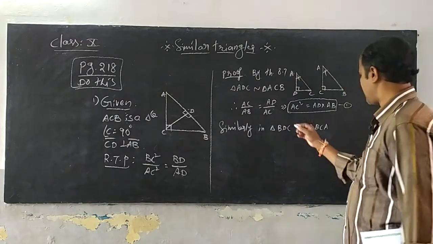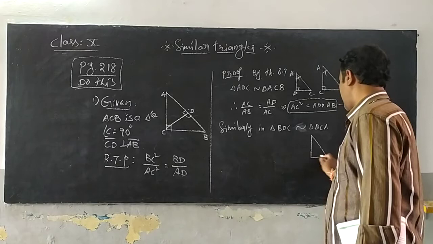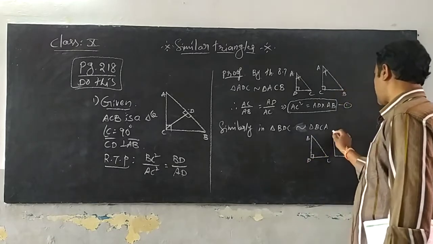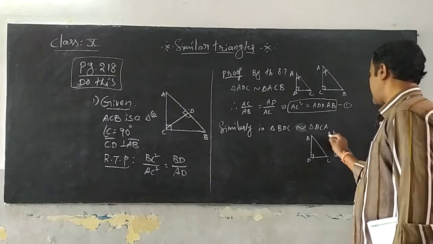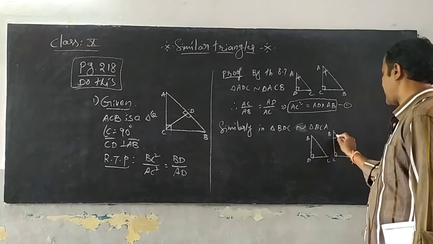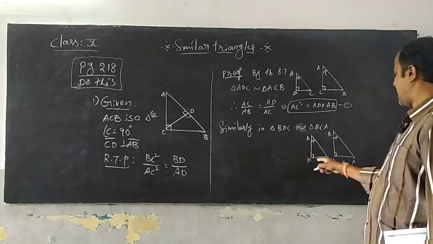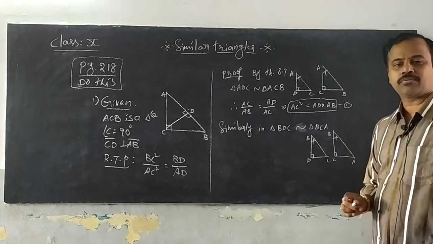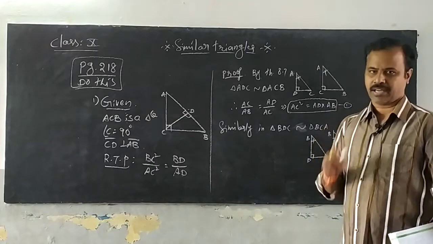Okay, in the same manner we can take the triangle here, BDC, and the main triangle as BCA. Here angle B is equal to angle B and D is equal to C. You can say that these two triangles are similar according to AA similarity, right?